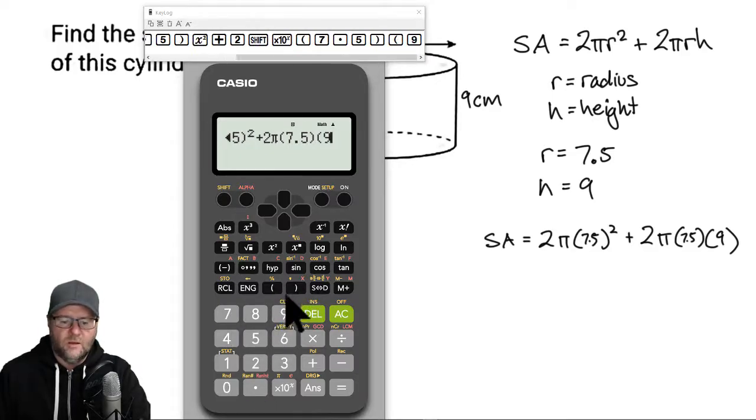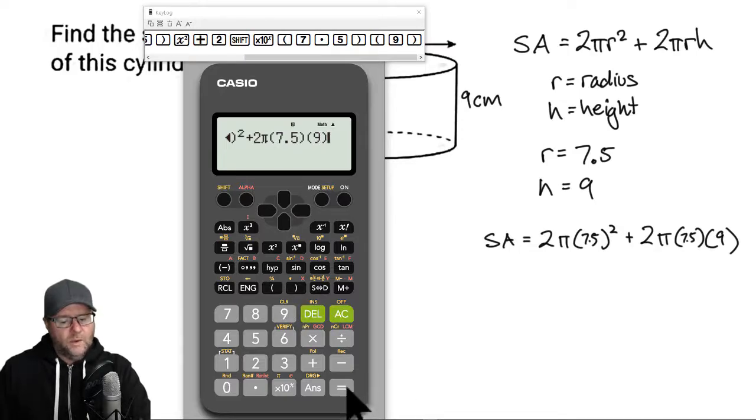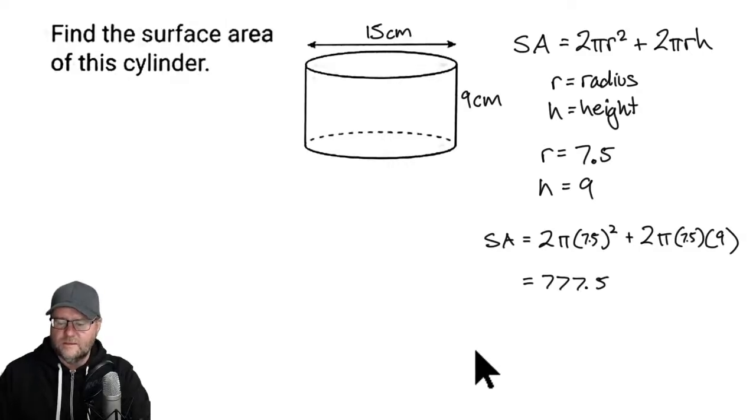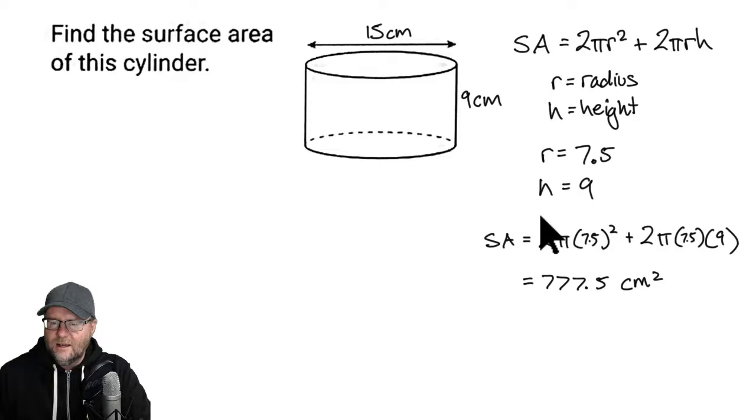Open bracket, 9, close bracket, hit equals, and I get 777.544. Let's have a look. There we go. This is a surface area, so it's centimeters, and it's squared. I don't know about you guys, but for me, that's really handy. If I can just do it with the brackets, I know the calculator's not going to get confused with order of operations and that kind of stuff. Just put it in as you see it.